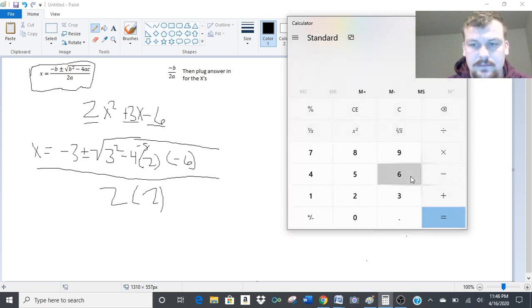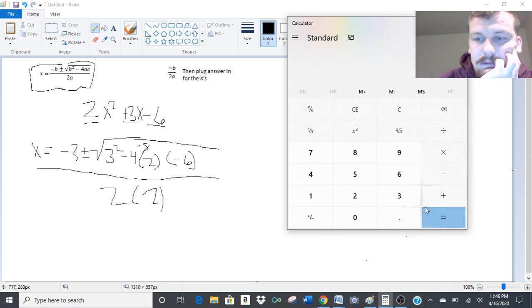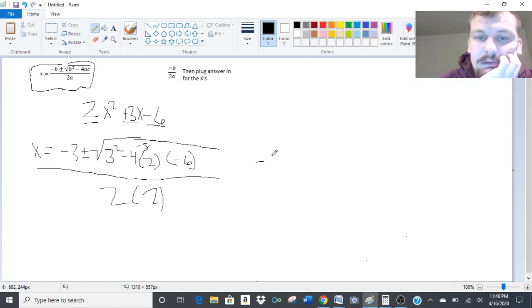Let me double check myself. Yeah, 48. Plus 9, so the square root is 57. So now we have -3 plus or minus the square root of 57, all over 2 times 2, which is 4.